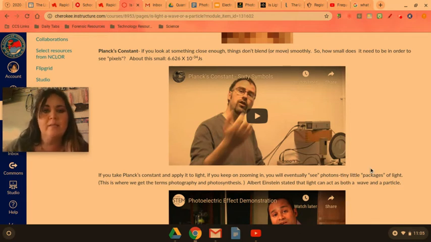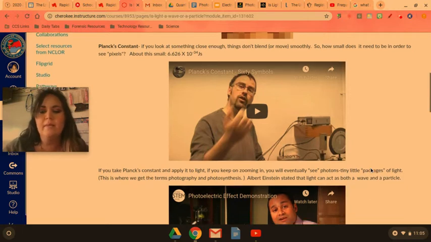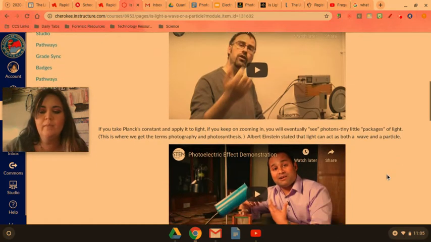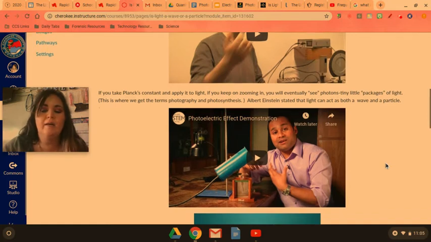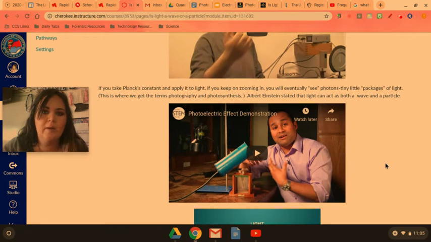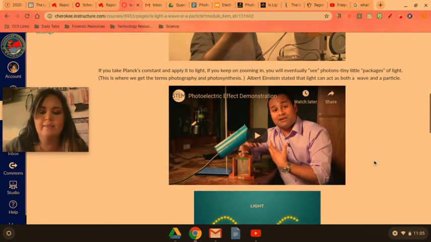This is where we get the terms photography and photosynthesis, and this is where Albert Einstein comes in. Albert Einstein said that light can be both a wave and a particle at the same time. I'm going to give you a video right here on the photoelectric effect, and you're also going to do a lab in the module involving this.